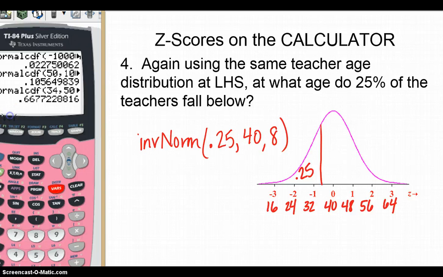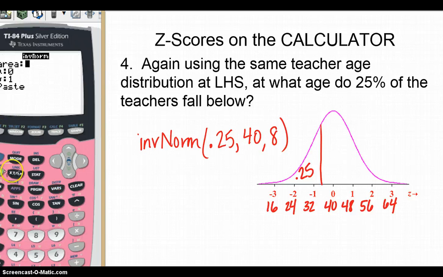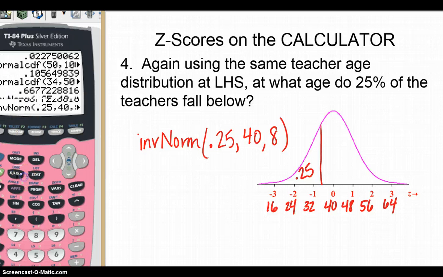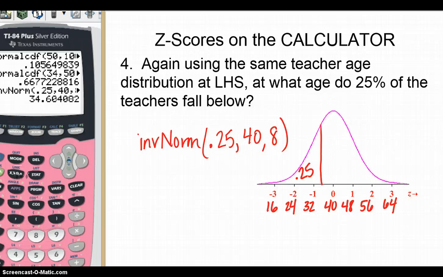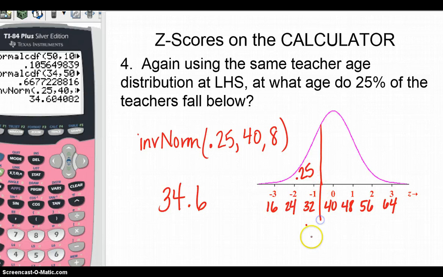So inverse normal is under distributions. It's number 3. Area to the left is 0.25. Mean is 40. Standard deviation is 8. Paste that in or type it in, and you get 34.6, which, looking at our picture, makes logical sense. So at what age do 25% of the teachers fall below? Right here at 34.6.